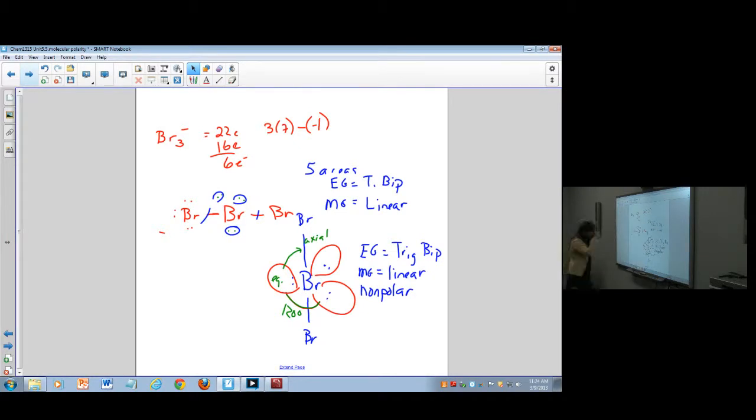What if I just randomly changed this to an I? It would still be the same setup, but instead an I. Well, now I have 2 different atoms with different electronegativities, and that would be polar.